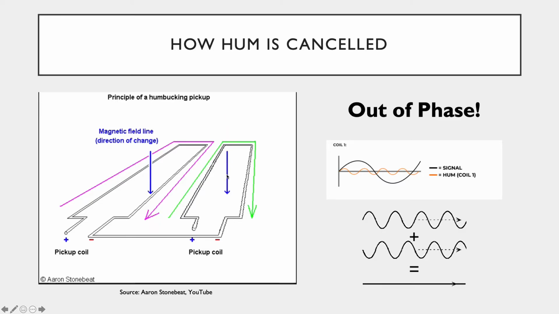This is only one moment in time, but when you're actually plucking the string, the flux is changing, so the magnetic field lines will go up and down and up and down. Because the direction of the currents depends on the direction of the magnetic field line, if the magnetic field line is the opposite of what it is right now, the current will also be opposite. So if it went down right now, it's going this way, or if it went up, it will go the other way. So let's find out how we can use that relationship to solve this problem.